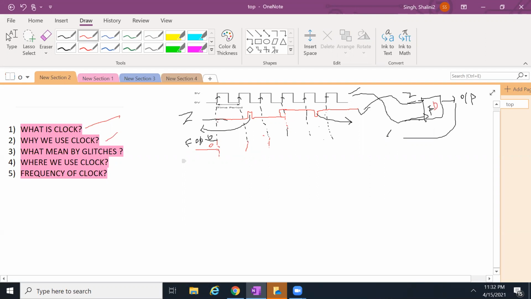Okay, at this particular point if you see the Z value we have 0, right? So we know about the D flip flop. If you guys don't know about the D flip flop waveform, how it works, you can watch my last video. I already uploaded that one.